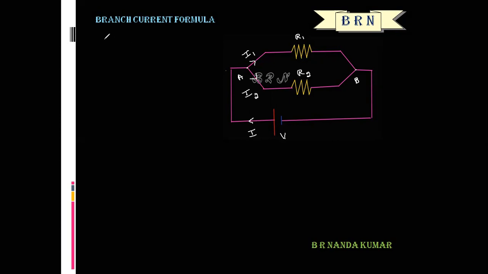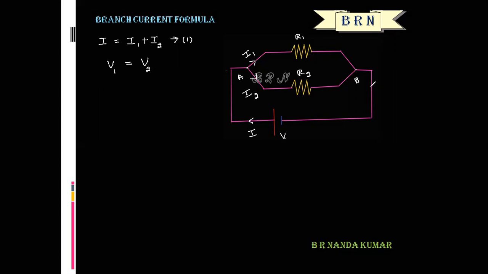So the main current is equal to the sum of currents flowing through individual resistors. I is equal to I1 plus I2. We call this equation number 1. And here the potential difference across R1, that is V1, is exactly equal to the potential difference across R2. Is it not?